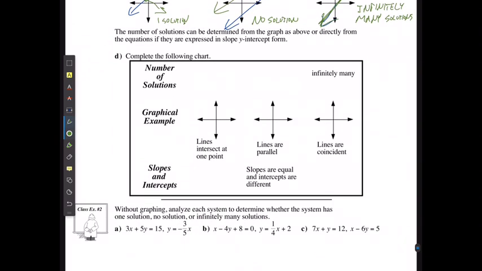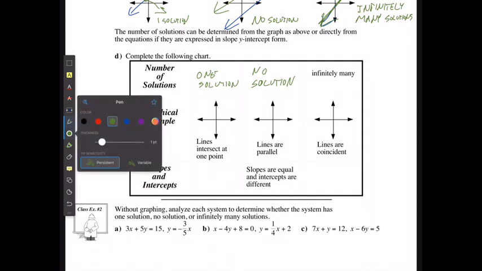If I'm completing the following chart, then I have a few possibilities. For the number of solutions, I can have one solution, I can have no solution, or I can have infinitely many.